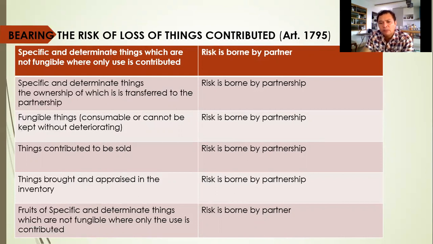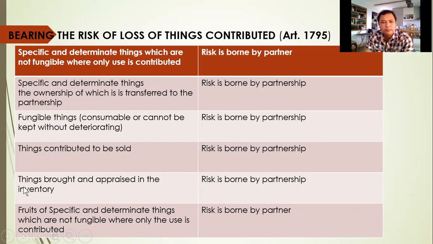So the risk is borne by the partnership. So fungible things are consumable things. Or number four, when things contributed are intended to be sold. So this time it is the partner who bears the loss if ever these items are lost.